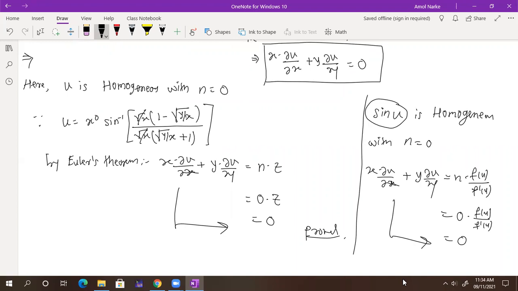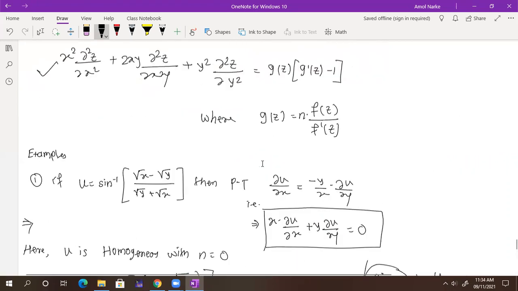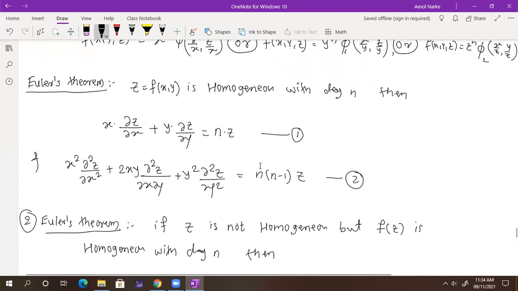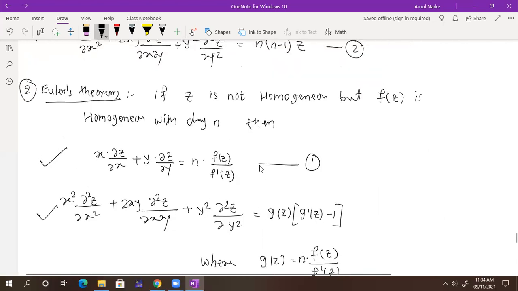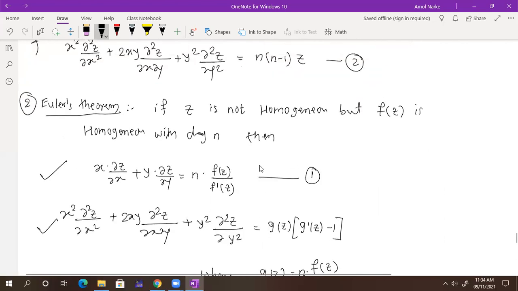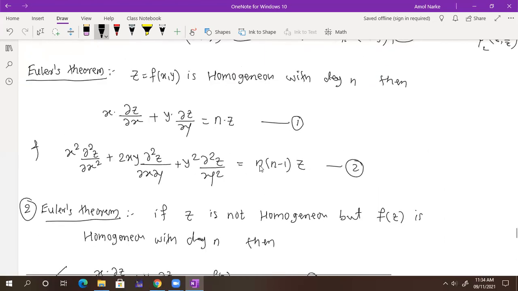What Euler's theorem says, let me go to the theorem and then I will tell you. If z is a homogeneous function of degree n, then x into del z by del x plus y into del z by del y is equal to n into z.